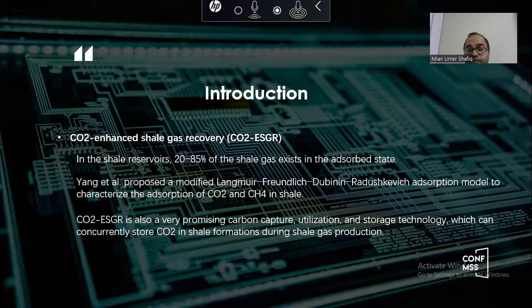This study also developed an optimization scheme for the CO2 ESGR by integrating stochastic algorithms with an artificial neural network. And Yang et al. proposed a modified Langmuir-Freundlich-Dubinin-Radushkevich adsorption model to characterize the adsorption of CO2 and CH4 in the shale.